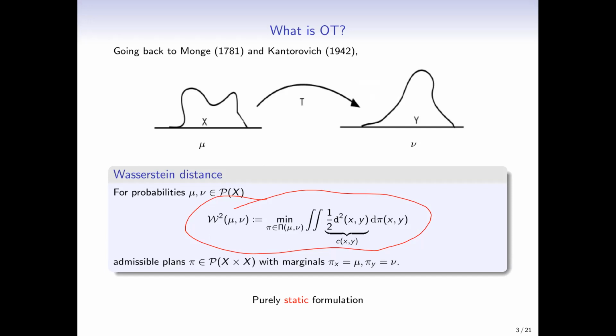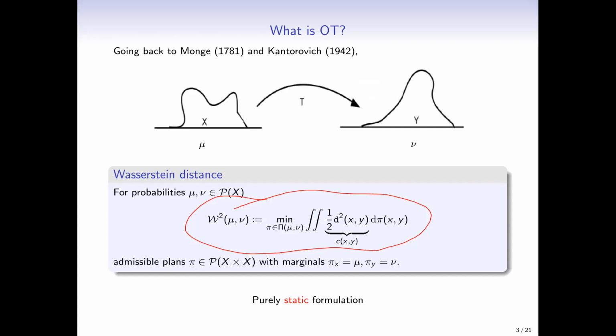And then once you have an admissible coupling pi, you integrate the infinitesimal cost, which is here the square distance, over the product space. The only constraint that you have is that pi, the transference plan, should match the constraints you have, which is that you should actually transport mu towards nu.